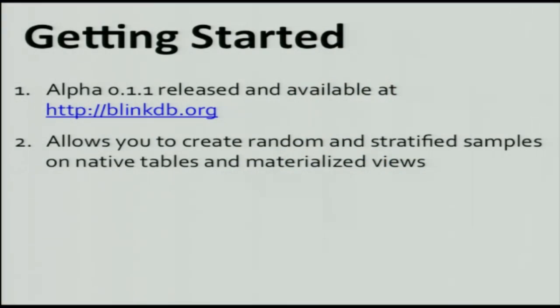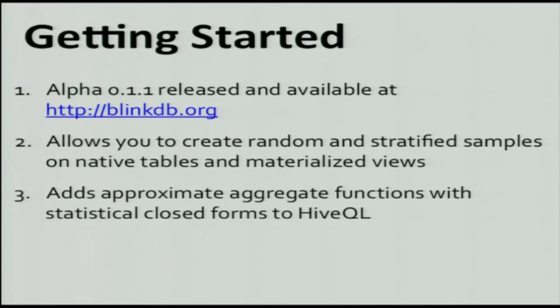So if you want to just try it out, we have open sourced and released BlinkDB Alpha 0.1.1 at blinkdb.org. This version allows you to create these so-called random and stratified samples on native tables and materialized views. So essentially, you can insert this operator anywhere in the query graph. We support approximate aggregate functions with only statistical closed forms for now.